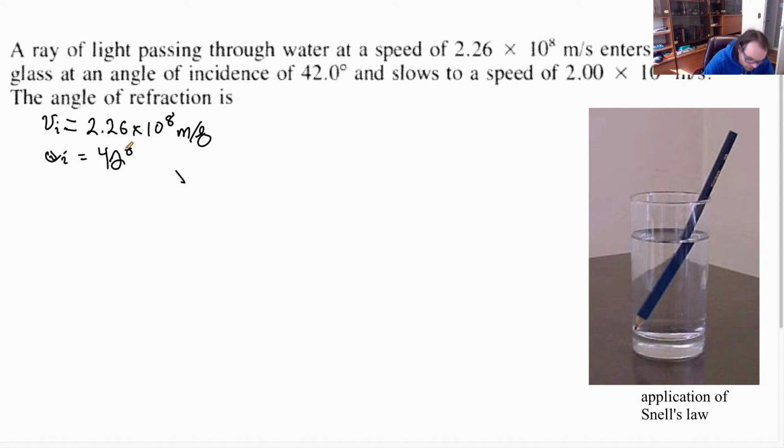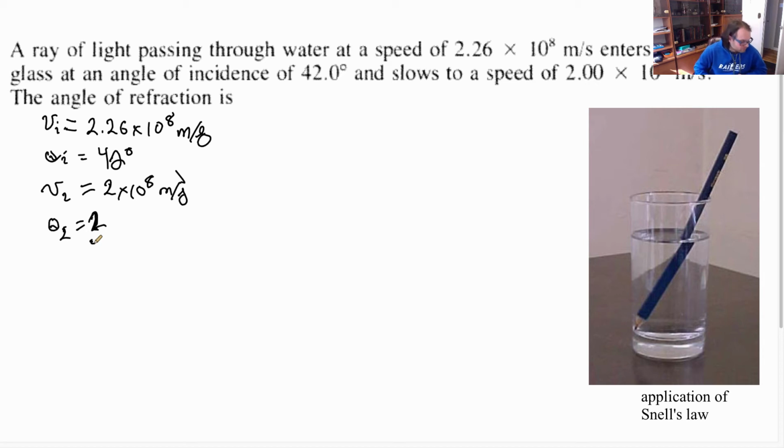I also know my velocity of refraction is equal to 2 times 10 to the 8 meters per second. Okay. Now, we're trying to figure out what is my angle of refraction. So that's my second one. Okay. So this here, make that a question mark, is what we're trying to figure out.